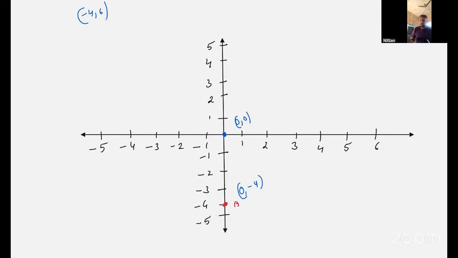Yes, -4, right? I wrote the point on the board. Can you check that? Yes, I can see it. Okay. 6.